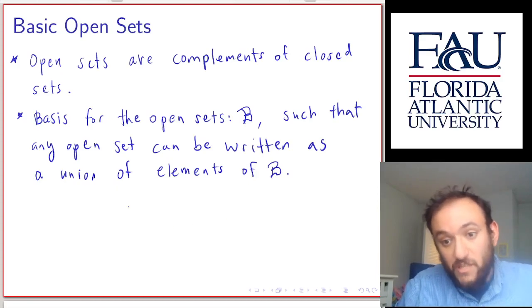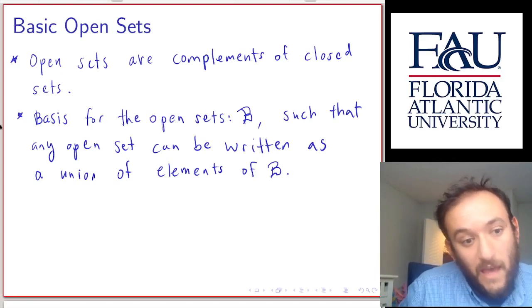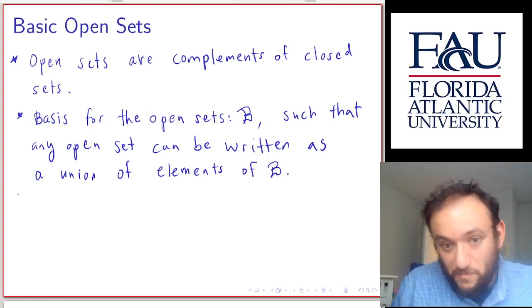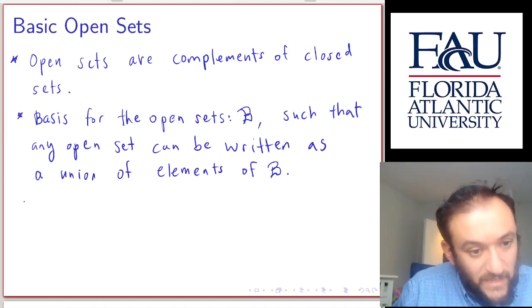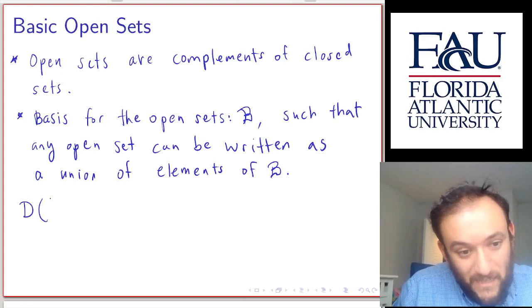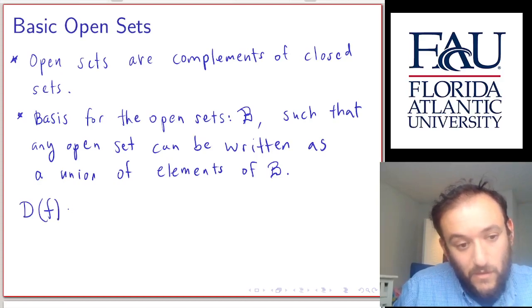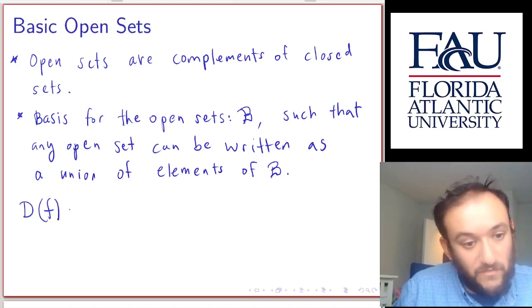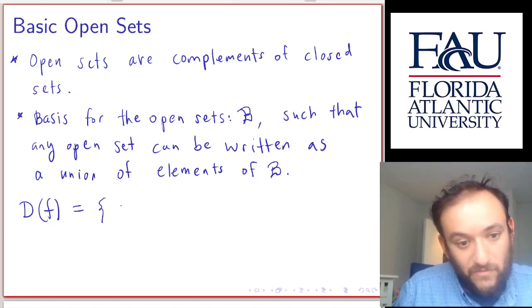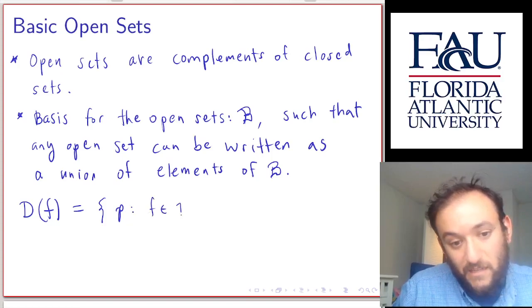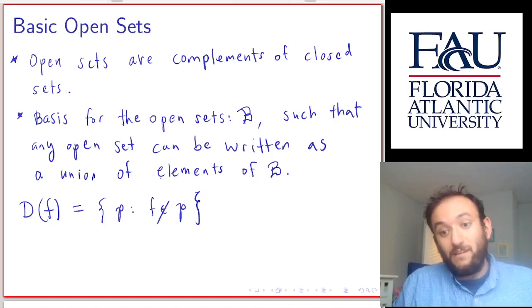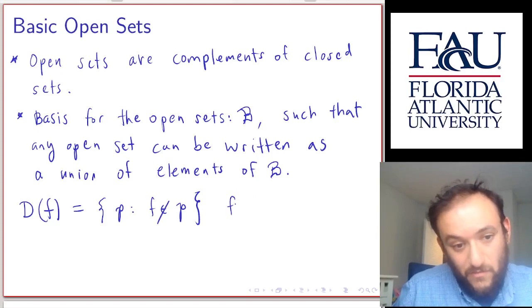And for the topology that we're developing on the primes, the basis of open sets that we're going to define is the set D(f), for f an element of the ring, and this is going to be the set of primes P such that f is not in P. Okay, so it's the set of primes not including f.